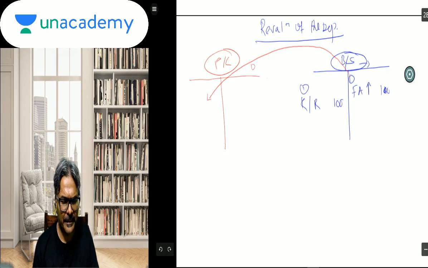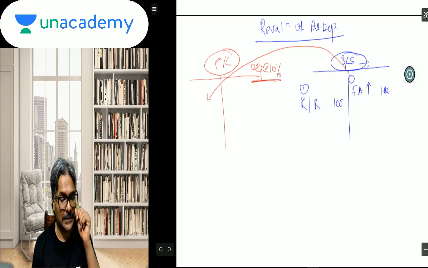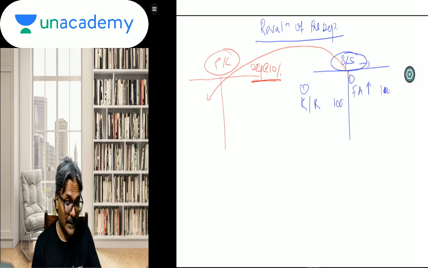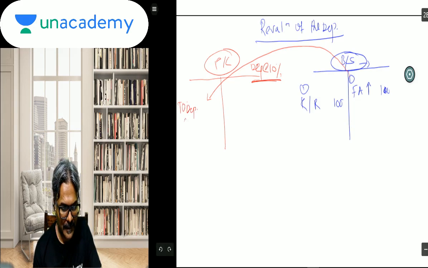Say for example the depreciation rate is 10%. Assuming it is at 10%, here we will write depreciation at 10%, which will therefore give us a figure of 10.